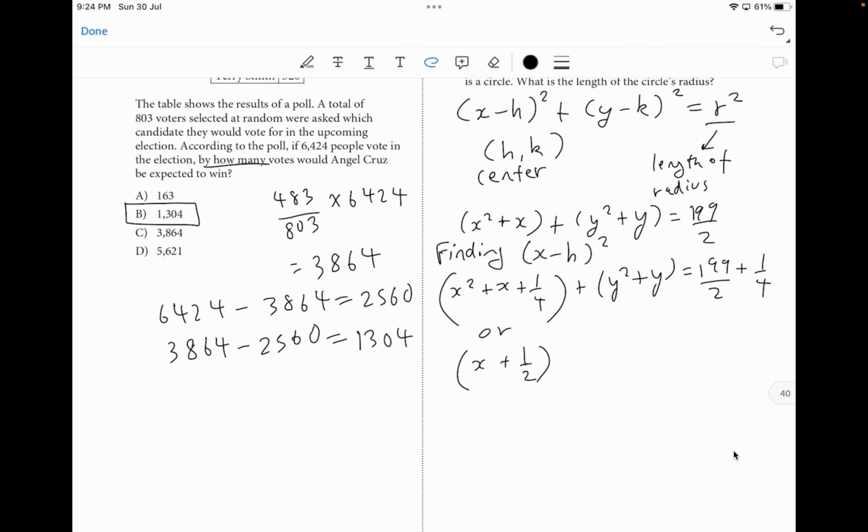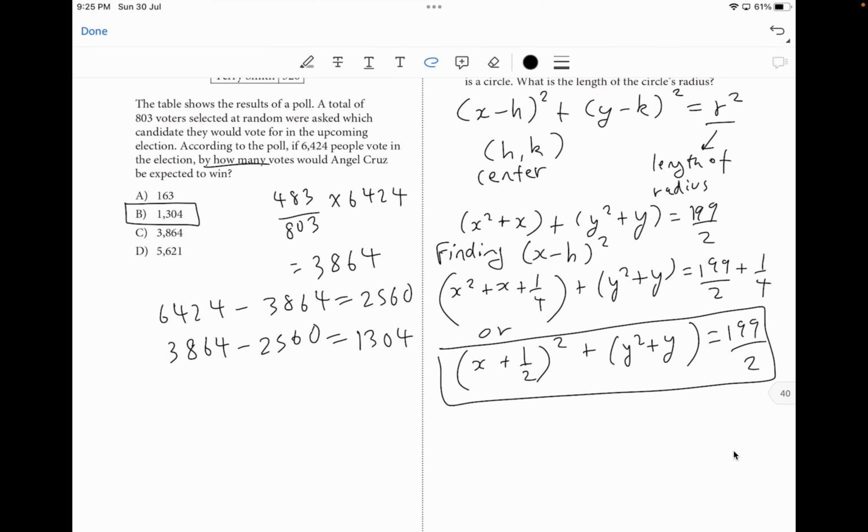So we know that x plus half is going to be squared, plus y squared plus y, and sorry, we don't add the quarter there, plus y squared plus y is equal to 199 divided by 2. I feel that this is the best form when we're finding out x minus h. So preferably I would advise you guys to use this way.